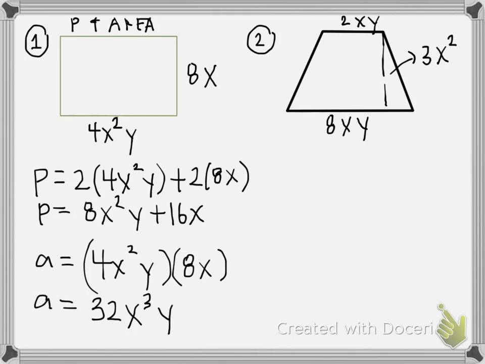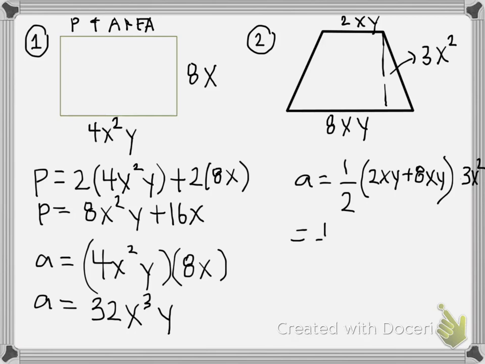Okay, let's look over here at the area. Let's find the area of this figure, this trapezoid here. So it's going to be 1/2 times that 2xy plus 8xy, and then I'm going to multiply it times 3x squared. Okay, so that's going to be 1/2 times 2xy plus 8xy is going to be a 10xy.